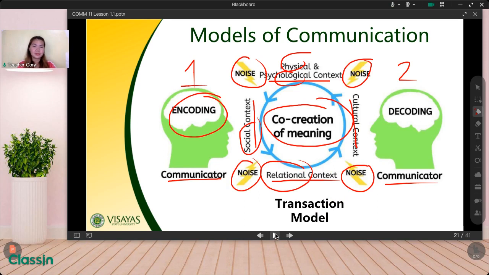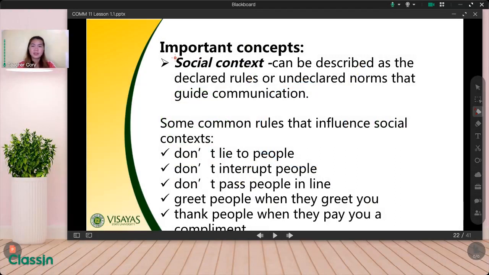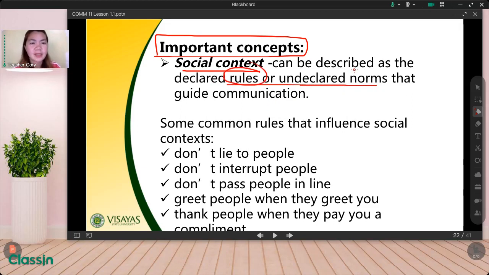Next, we have some important concepts that we have to know. In that model, we have social context. This can be described as the declared rules or undeclared norms that guide communication. So there are rules and norms that we observe when we are communicating. For example, don't lie to people.